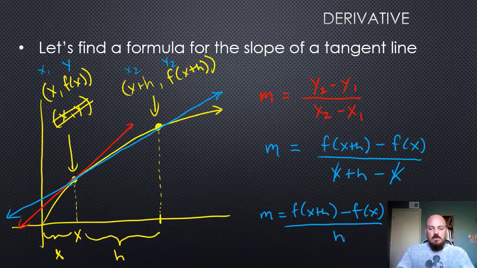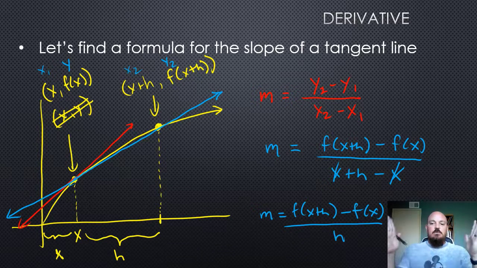All right, so here's where we left off in the notes. What we decided is that if we take those two yellow points and get them so close together that they are almost the same point but not quite the exact same point, the blue line basically turns into the red line and we have our tangent line.